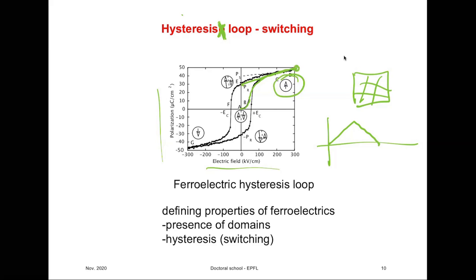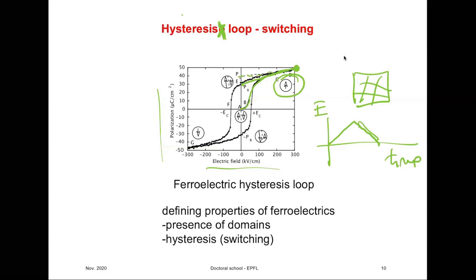This point here is called maximal polarization, and if we go down and make a projection of that to zero field, we get a point which is called spontaneous polarization.